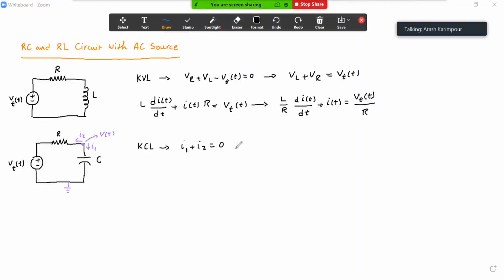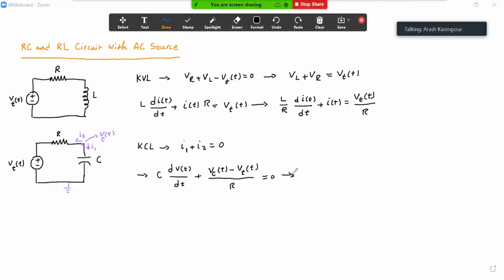If I replace them, for I1 I'm going to have C dVC over dt, which is the current that goes through the capacitor, and the current that goes through the resistance is the difference between VC(t) minus V(t), over R. That's going to be 0.